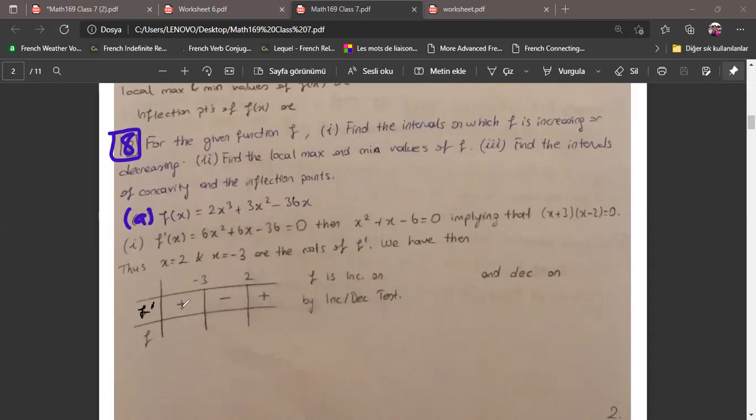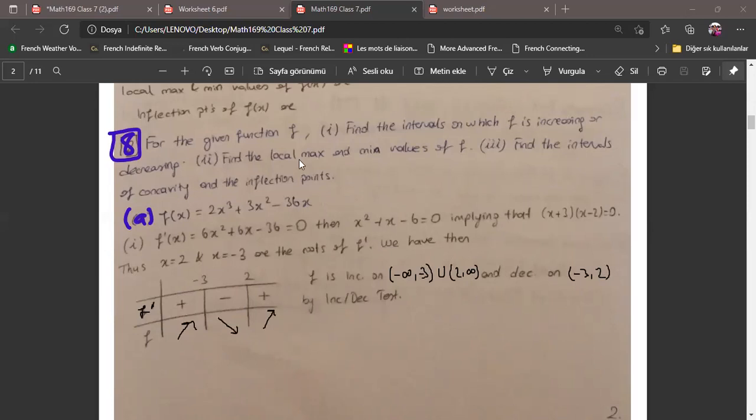Now we see f prime is positive on the interval from -infinity to -3, union 2 to +infinity. So f is increasing on here and here, and it's decreasing on this interval, which is (-3, 2), right? Okay.